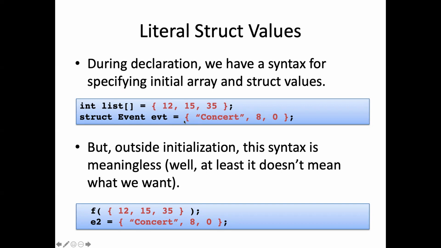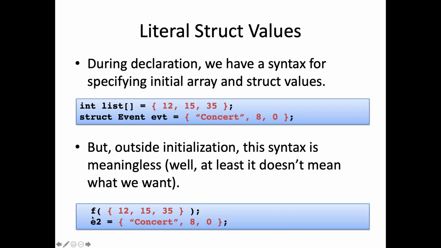This syntax over on the right, the stuff I put in red, is the initialization syntax. And you can kind of think of that as saying, here's the stuff I want in my struct. Or on the previous line, here's the stuff I want in my array. But that syntax only works at initialization time.